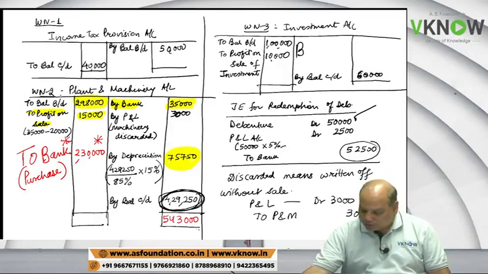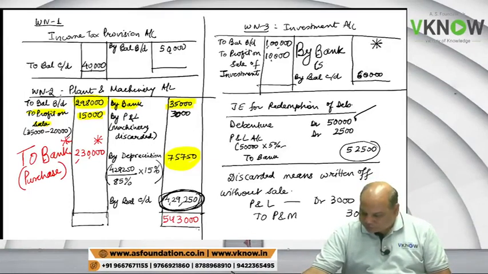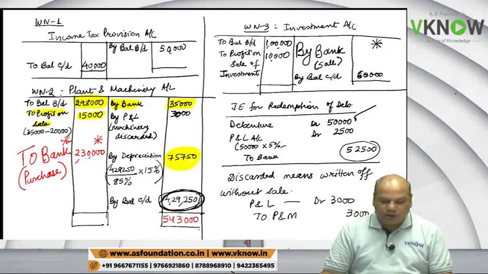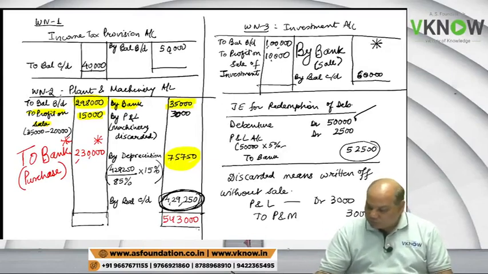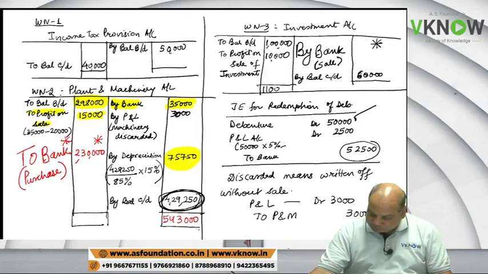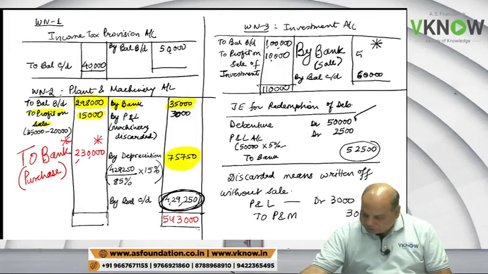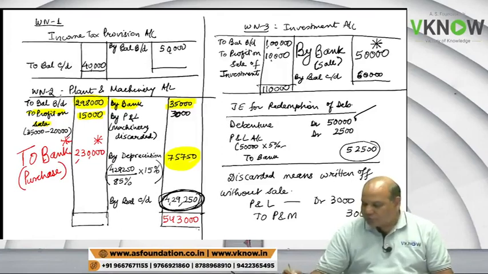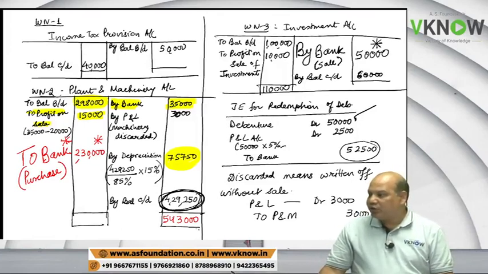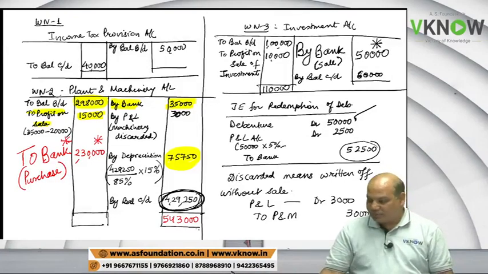And credit side, the missing figure is sale value. So please tell me by bank balancing figure, sale value. So this comes to 1,10,000 here. So 50,000 is the balancing figure. 50,000 is sale of investment.